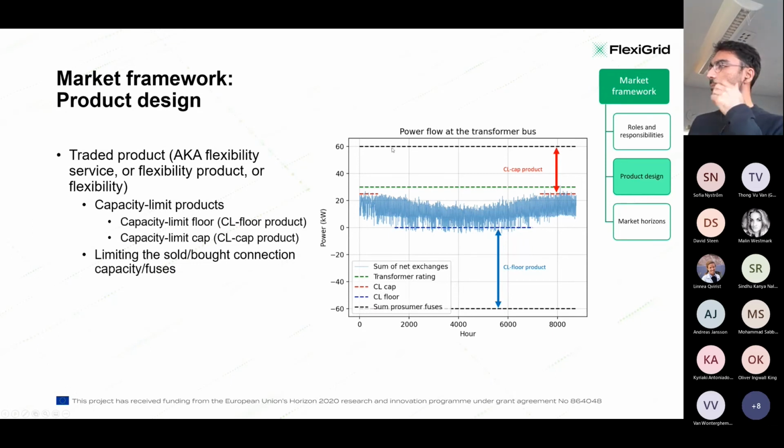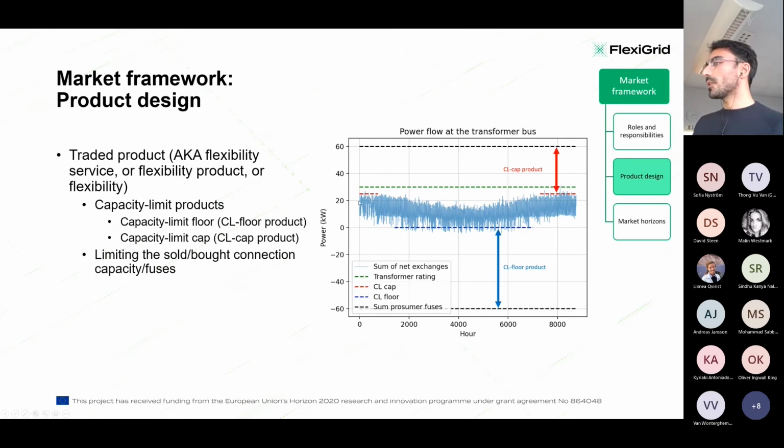So here the black line is the sum of all the connection capacities that are sold downstream of a transformer, for example. The blue line here is the loading of the transformer. And here you can see the green line is the transformer rating. And let's say the red line is the threshold, the safety margin that we don't want to cross over to make sure we are not overloading the transformer.